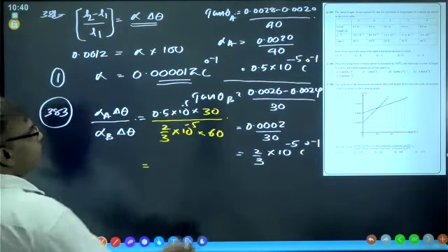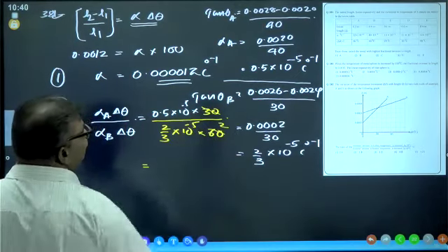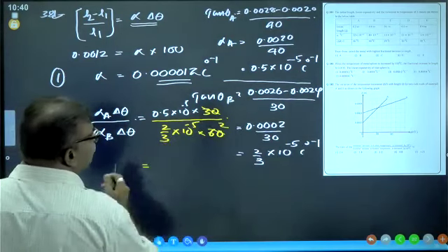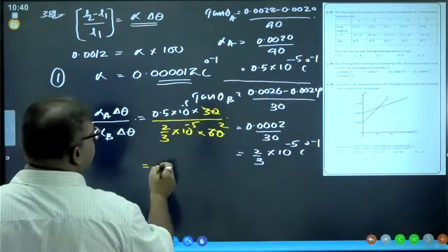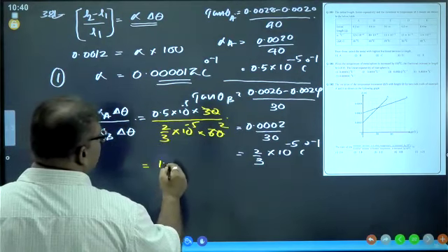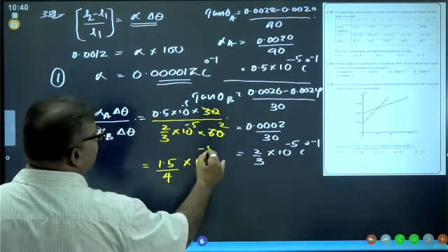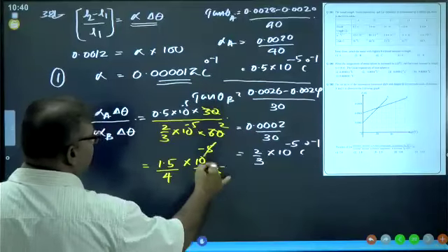This should be the product, no? So it becomes 1.5 over 4, the 10 to the power minus 5 terms cancel.